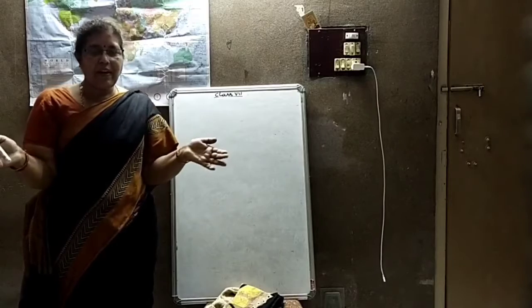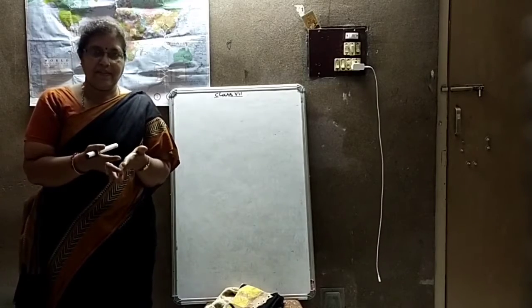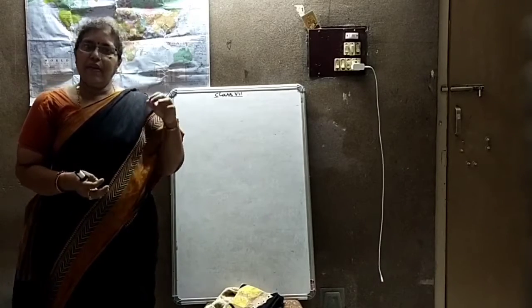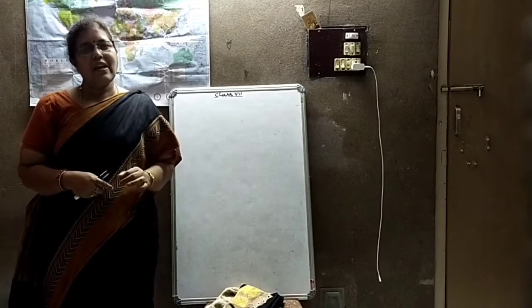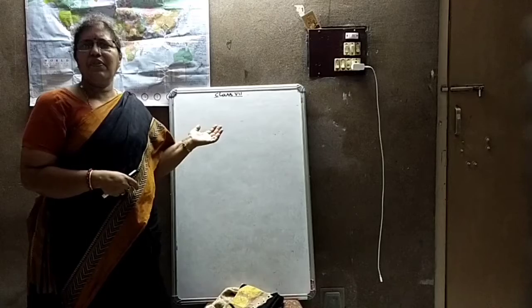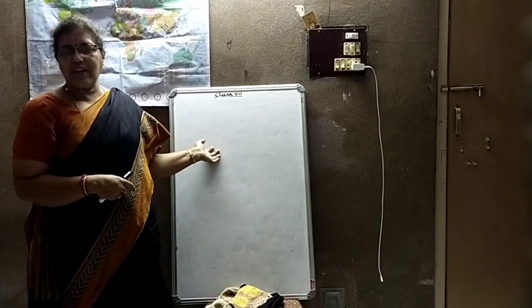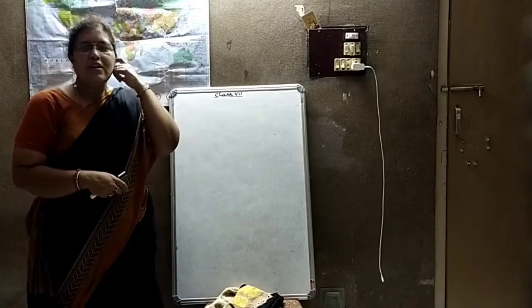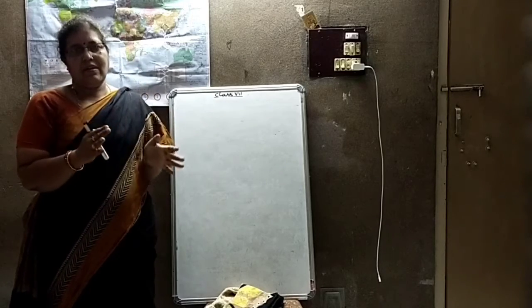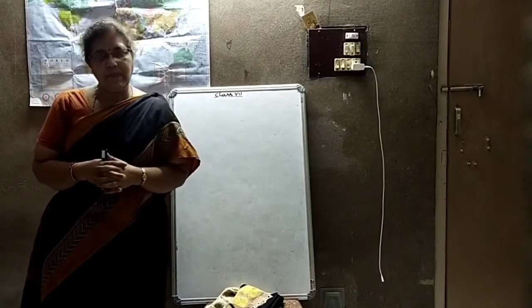If we separate them like that, those are called like terms. If the terms have the same power, then the difference between the signs is not required here. We can take any sign. Those are called like terms.